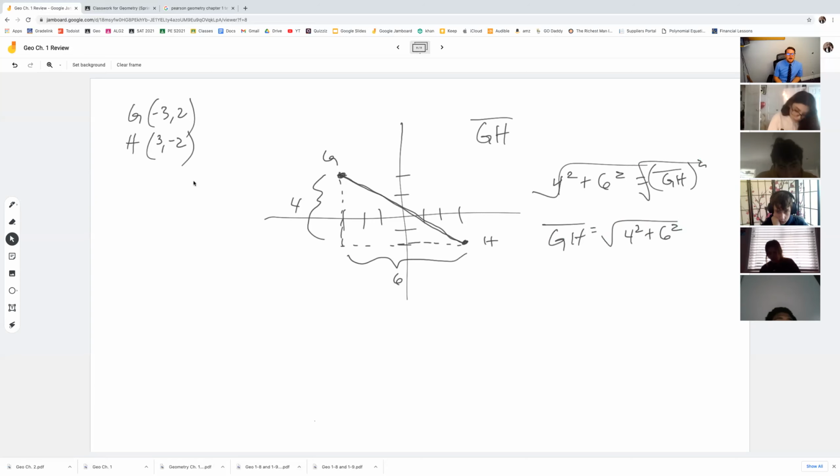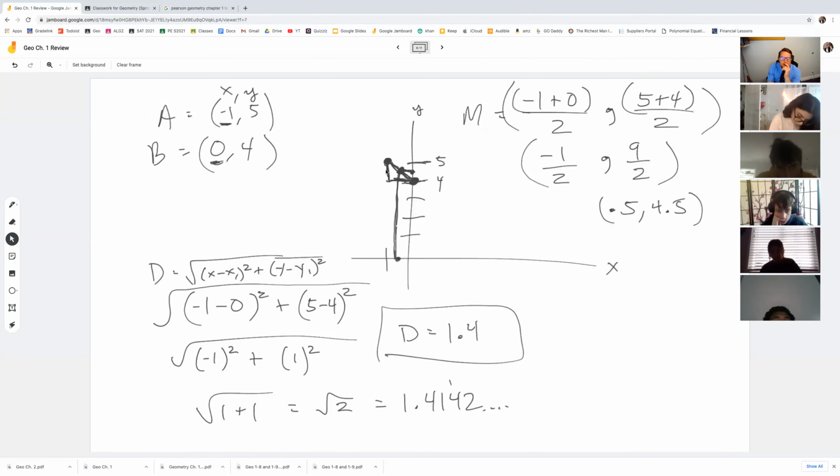Now you might say, well, that looks so much easier to find the distance than what you just did on the page before. Well, when you draw it out, you can simply count the lines, right? On the page before, if I drew this out, I could just say 1 squared plus 1 squared is 2.